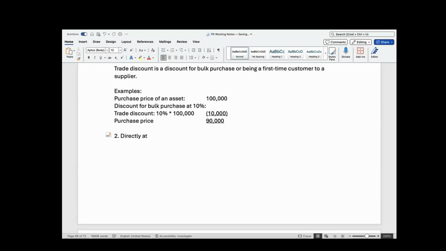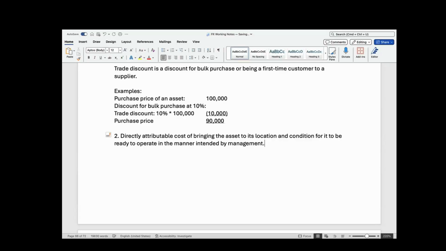And number two is directly attributable costs of bringing the asset to its location and condition for it to be ready to operate in the manner intended by management.